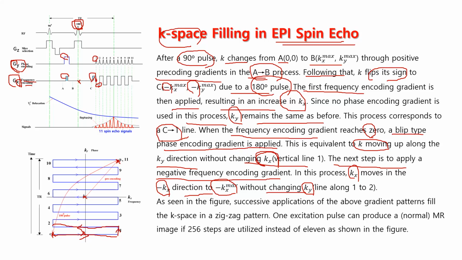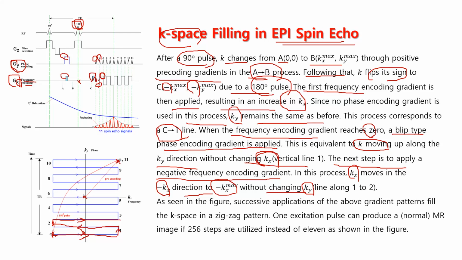At this position, a blip type phase encoding gradient is applied, so Ky will increase due to this blip. And then the frequency encoding gradient is applied, and K will move in this direction. So in this way, in a zigzag way, the K space is filled.